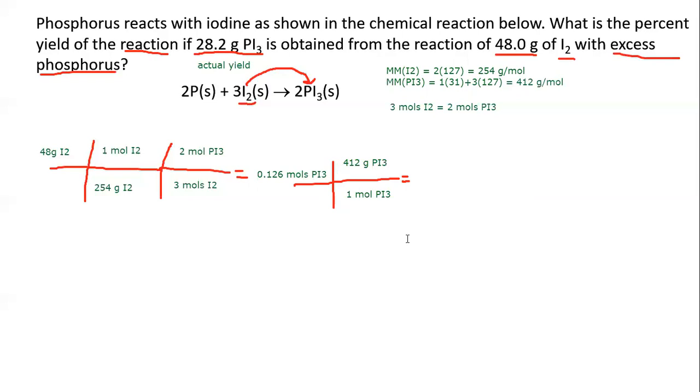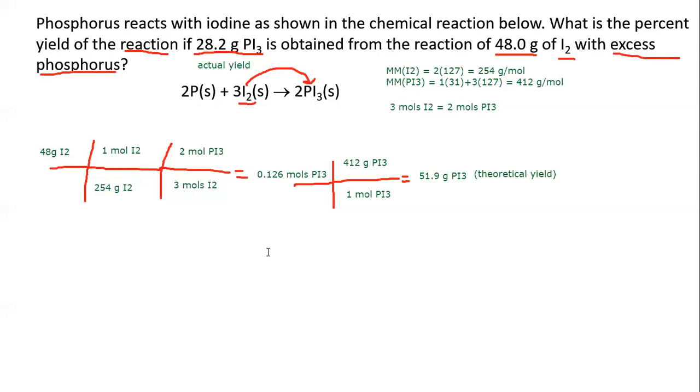Now again, if you calculate the theoretical yield and you notice that the theoretical yield is less than your actual yield, you've done something wrong in calculating the theoretical yield. Theoretical yield should always be more than the actual yield. We get 51.9 grams of phosphorus triiodide, and again, this is called the theoretical yield.